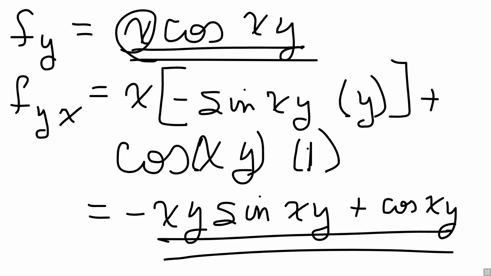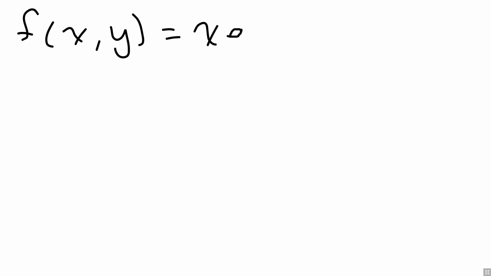Okay, so let's look at our next example. All right, our next example is this. So we've got f of xy is equal to x e to the y plus y plus 1.